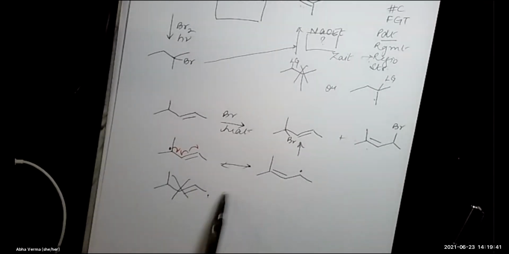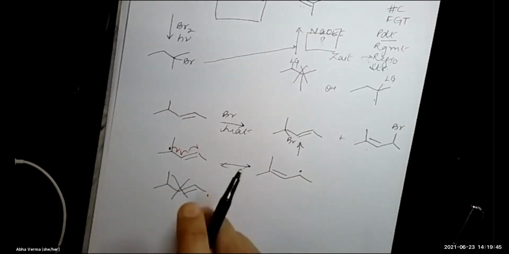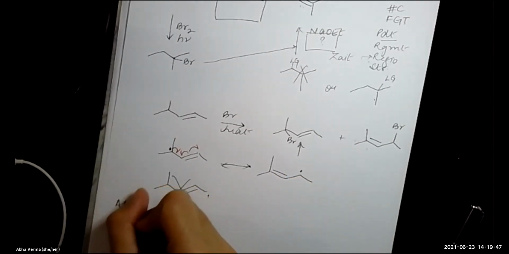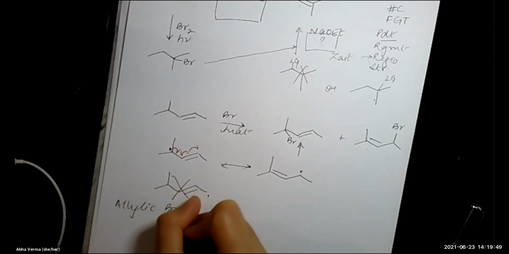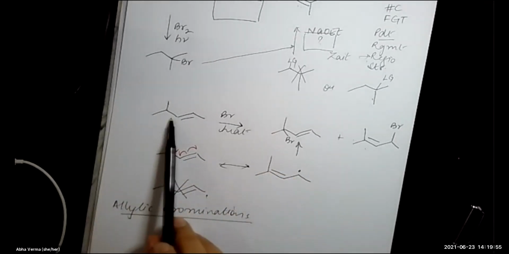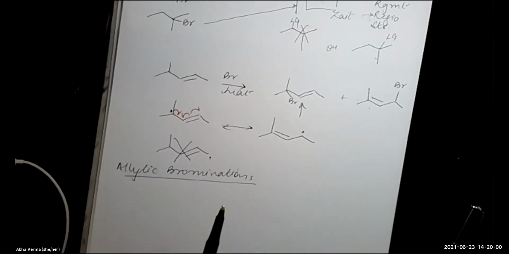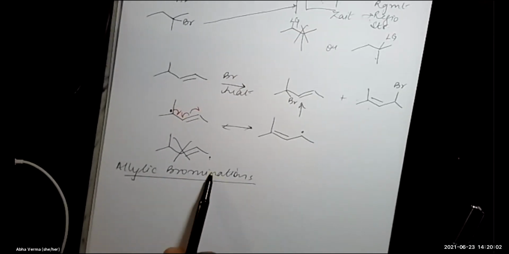Now this example has actually set a good stage for us for allylic bromination, which is a very important kind of reaction that we have seen. So far we have only seen one reaction, halogenations of alkanes, and now we are going to see allylic brominations.